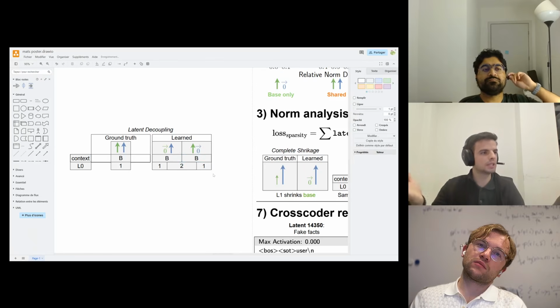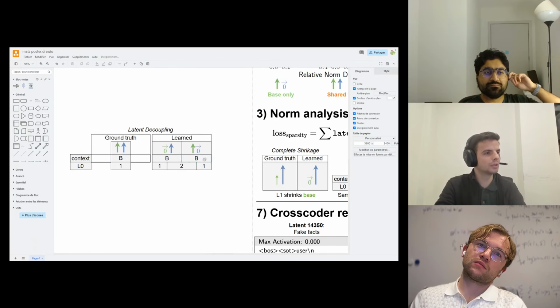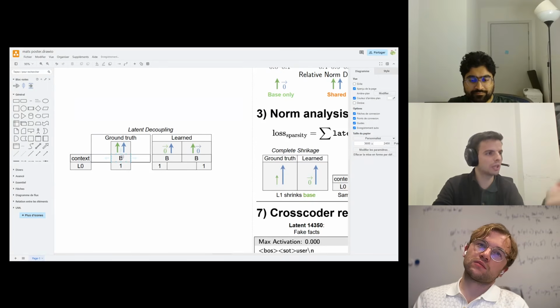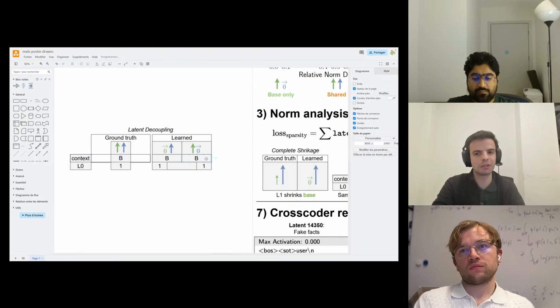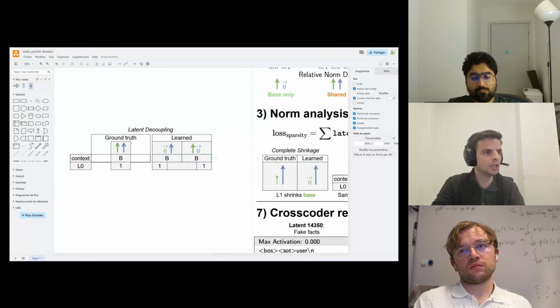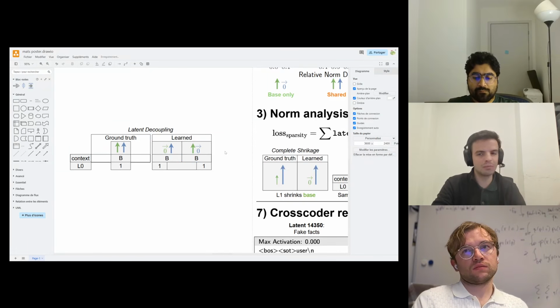So basically, you can either learn a shared feature that activates on B, or you can learn 2 features that activate on the exact same concept, with the exact same direction. The L1 has the same loss on both.